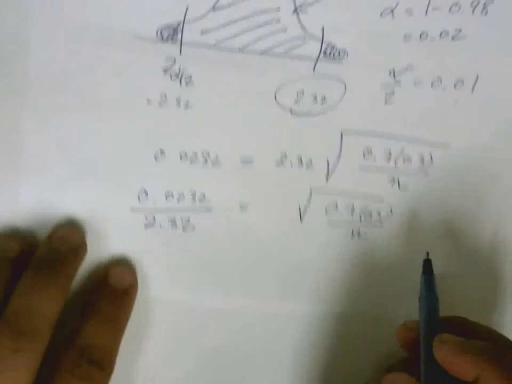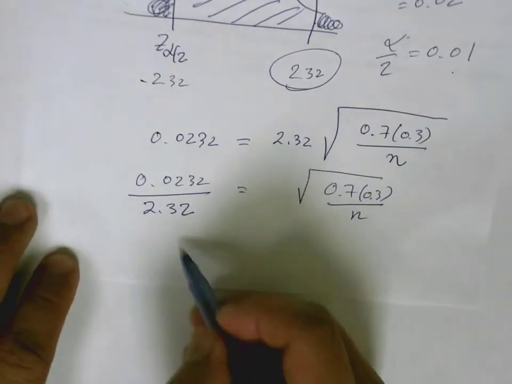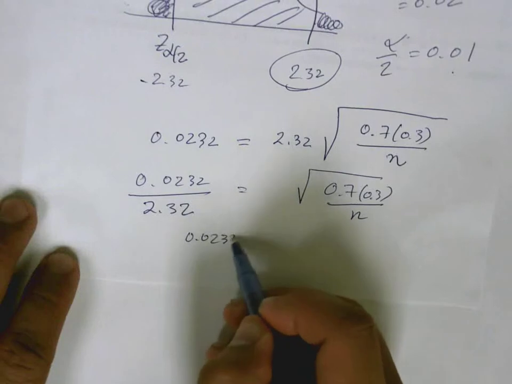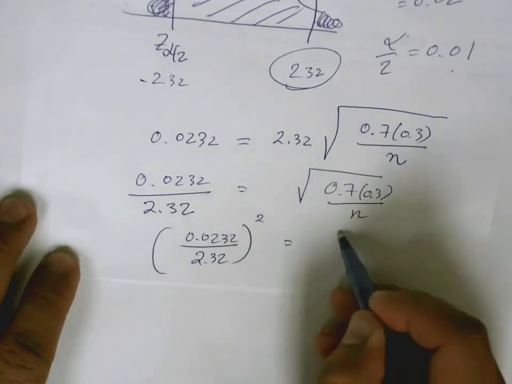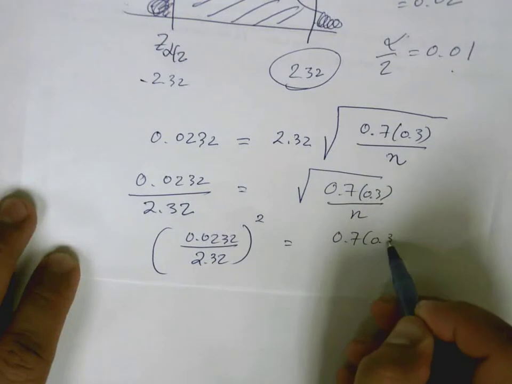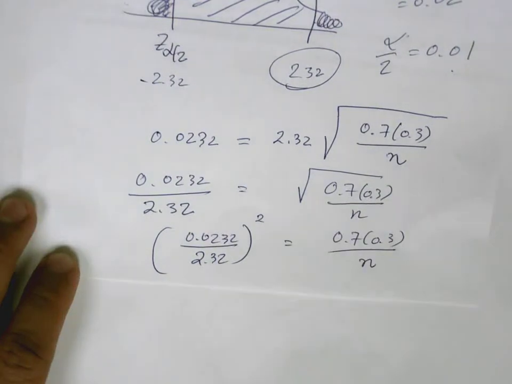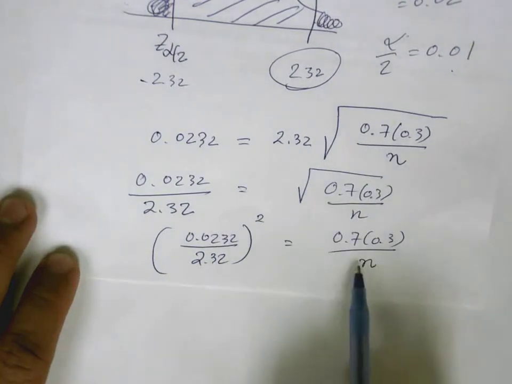Then square both sides. And then we can multiply both sides by n.